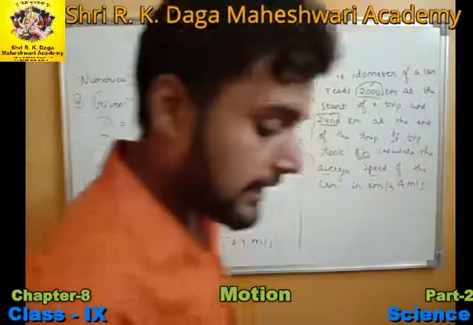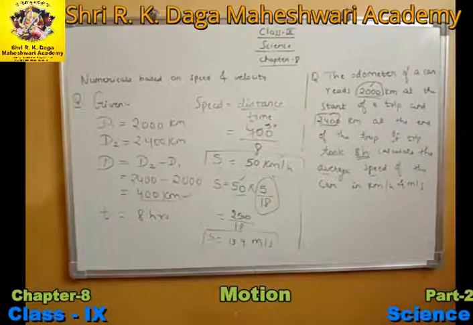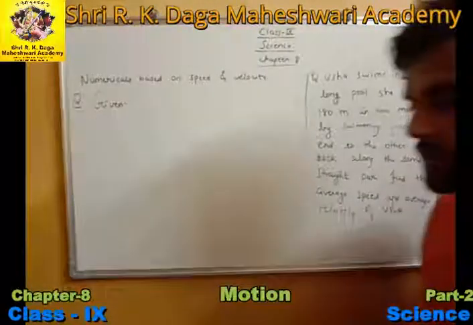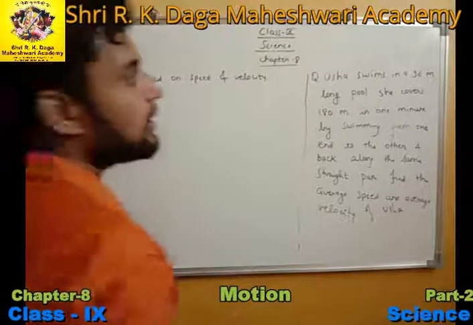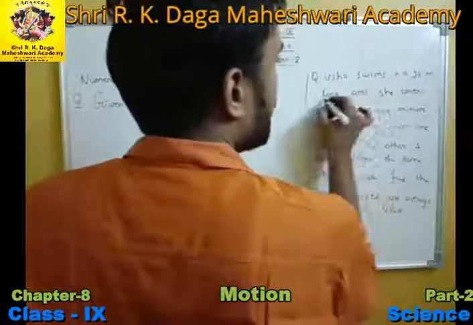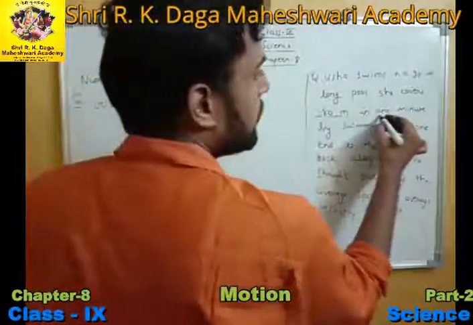Now we will practice one more numerical based on speed and velocity. What does the question state to us? The question is saying that Usha can swim in a 60-meter long pool. She covers 180 meter in 1 minute.